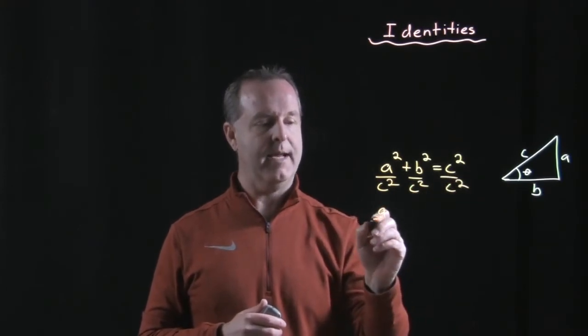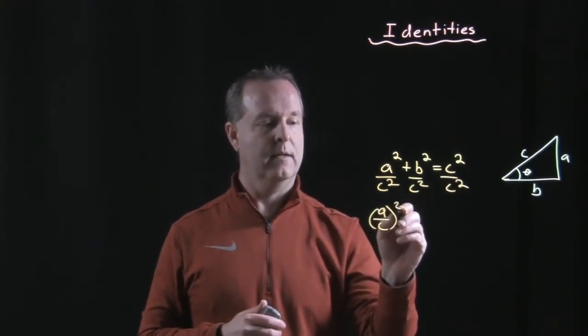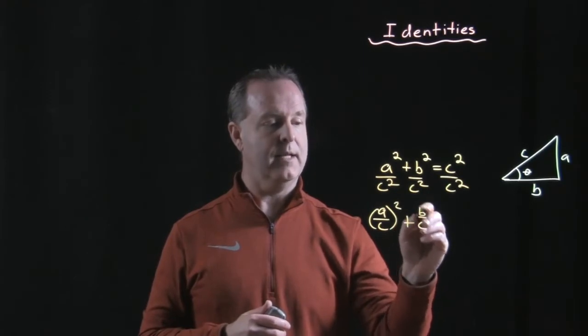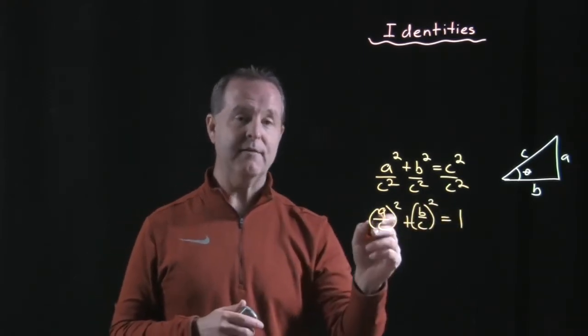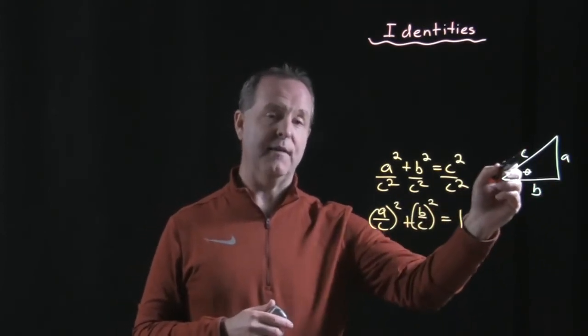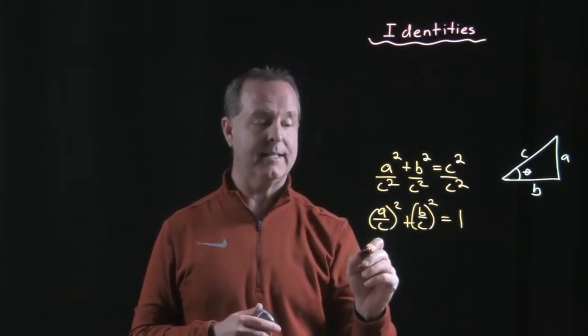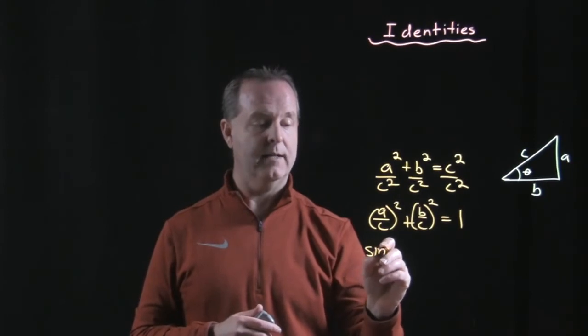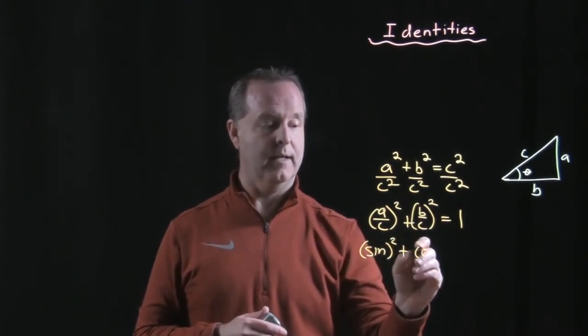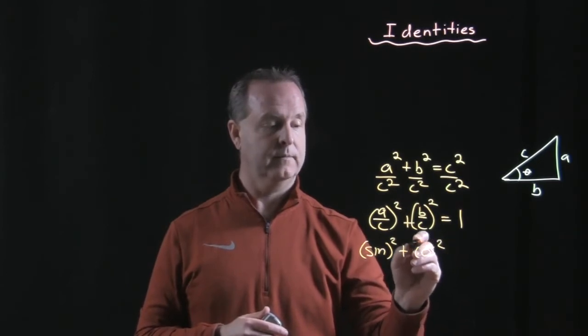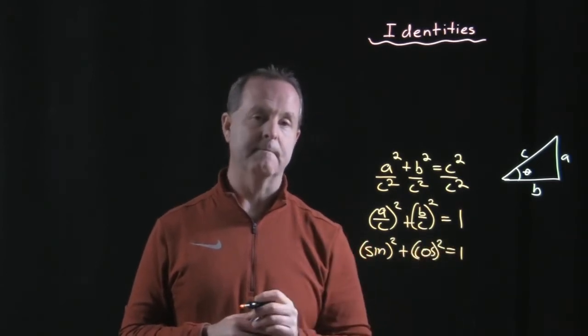So I'll have a squared divided by c squared plus b squared divided by c squared equals 1. Now a divided by c, if I look at that from this angle, that's my sine. So I have sine squared plus cosine squared equals 1.